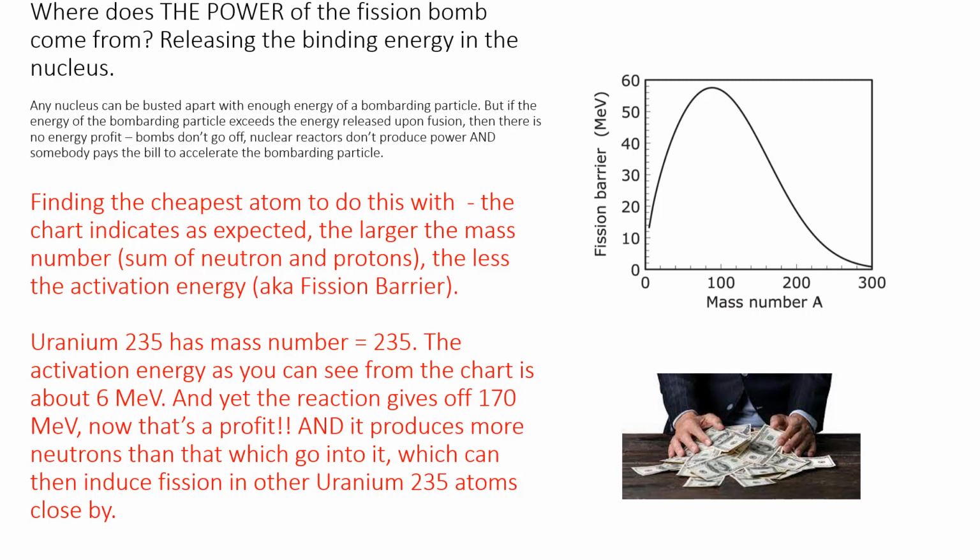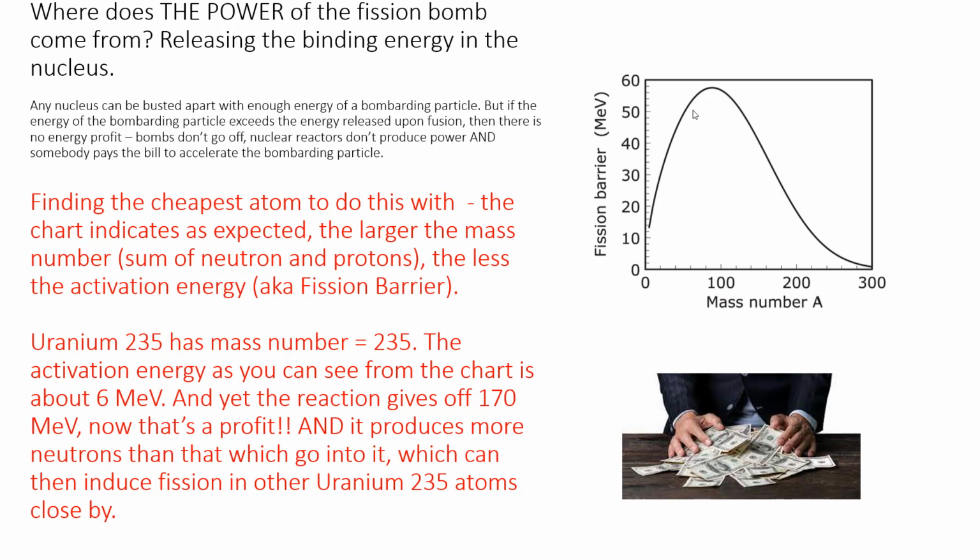Now the fission barrier is the energy required to bust a nucleus apart, and you want that to be as small as possible. As you might imagine, it goes up for a while, because the larger the atom, to some point, the greater the nuclear force.